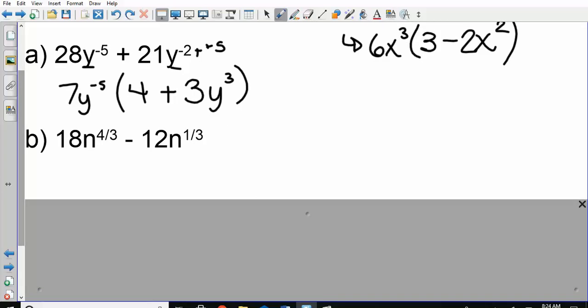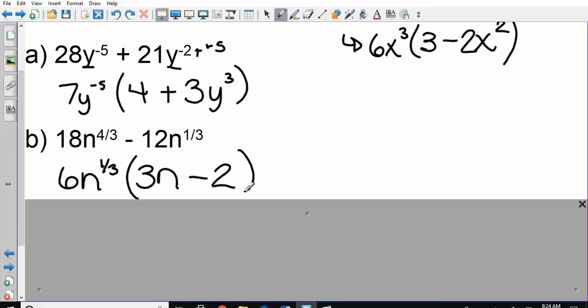What would I pull out of that? 6, into the 1/3. Okay. 18 divided by 6 is 3. What's 4/3 minus 1/3? 12 divided by 6 is 2, and I took out all of those n's.